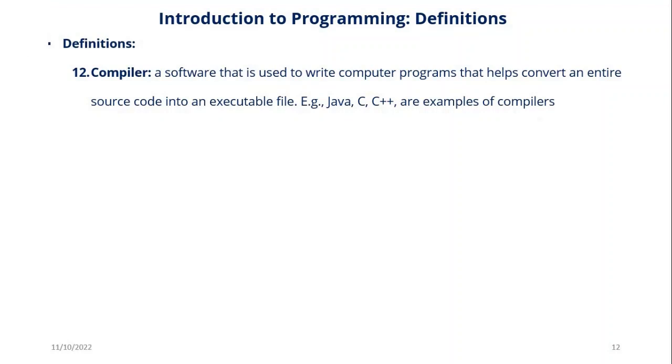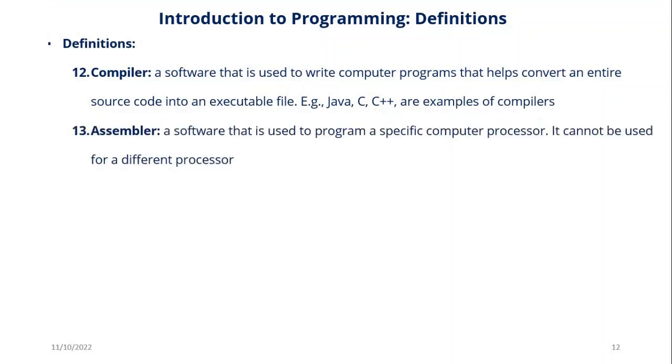The advantage of compiled languages is that they will tend to run faster than an interpreted language that, every time you run the program, has to look at it line by line. The compiler has already converted everything to one executable file in the language of the processor. So the advantage is that it runs faster.